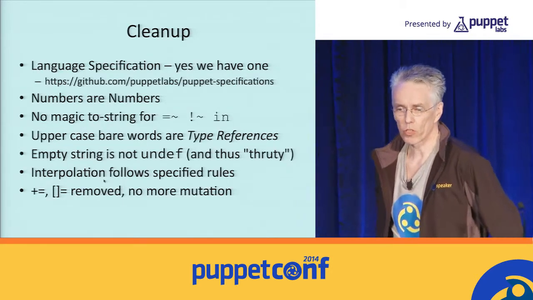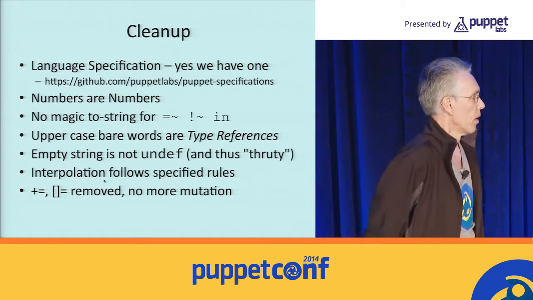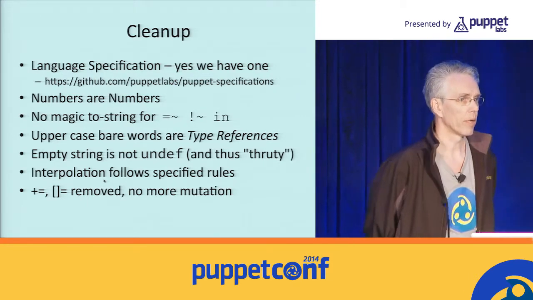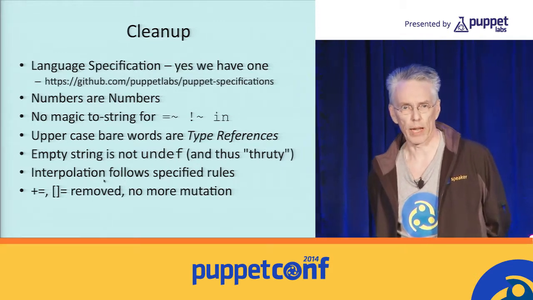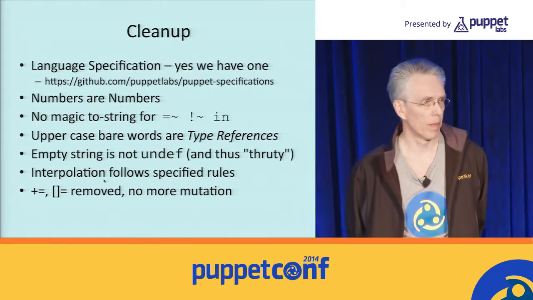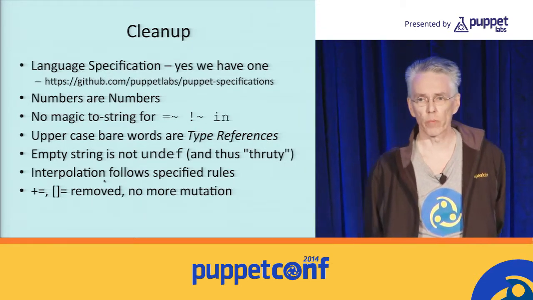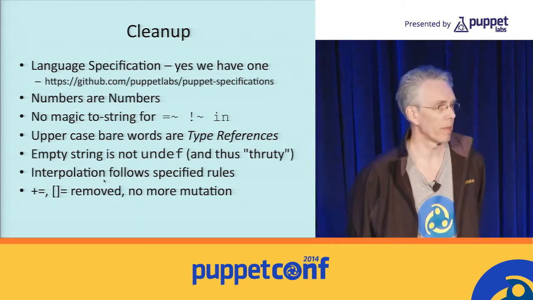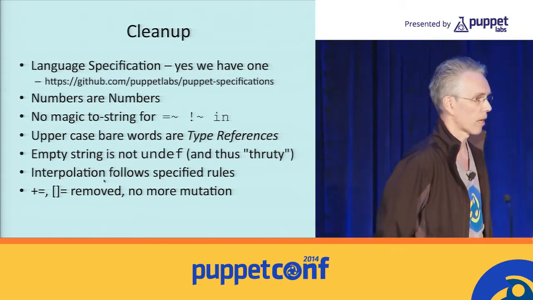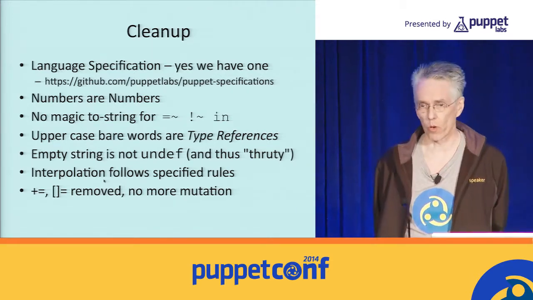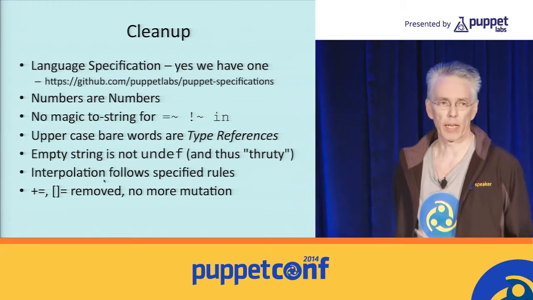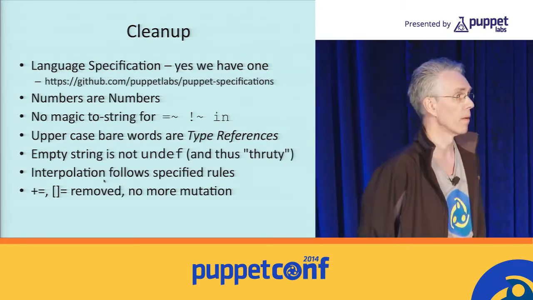Cleanup. One of the first things we said was that we really need a specification, something that defines what the language is and how it's supposed to work. And now we have written a specification. This is not user documentation. This documentation is intended to be the truth of what the language is supposed to do. How do all the operators work? How do the different data types work? How does the type system work? And so forth.